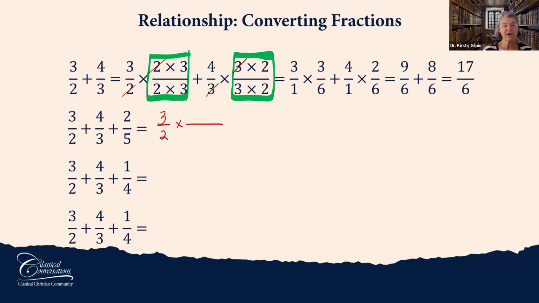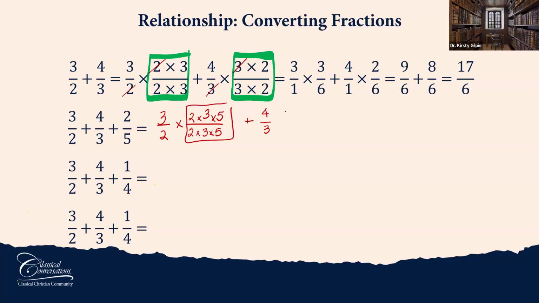And I need to have a common unit. So that common unit needs to have the 2, the 3, and the 5 in it. So I'm going to look at the product of those 3. If my denominator is 2 times 3 times 5, my numerator has to be 2 times 3 times 5. And I'm just going to use a red box for the sake of time.